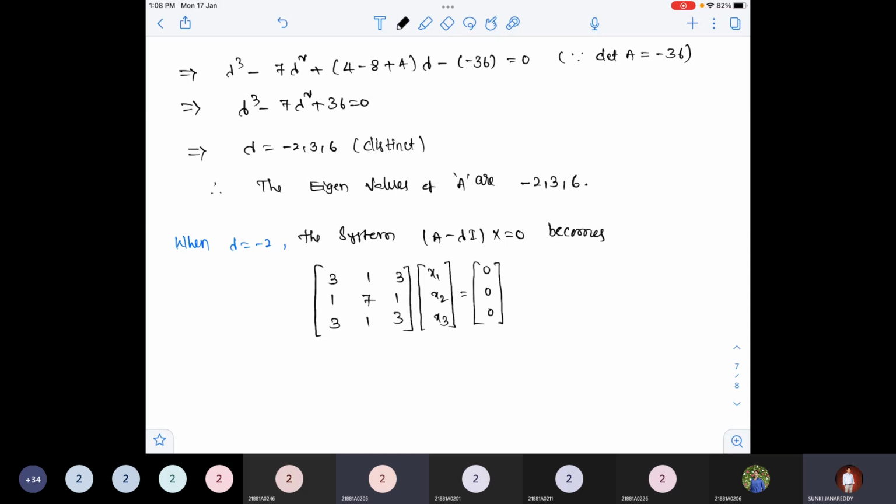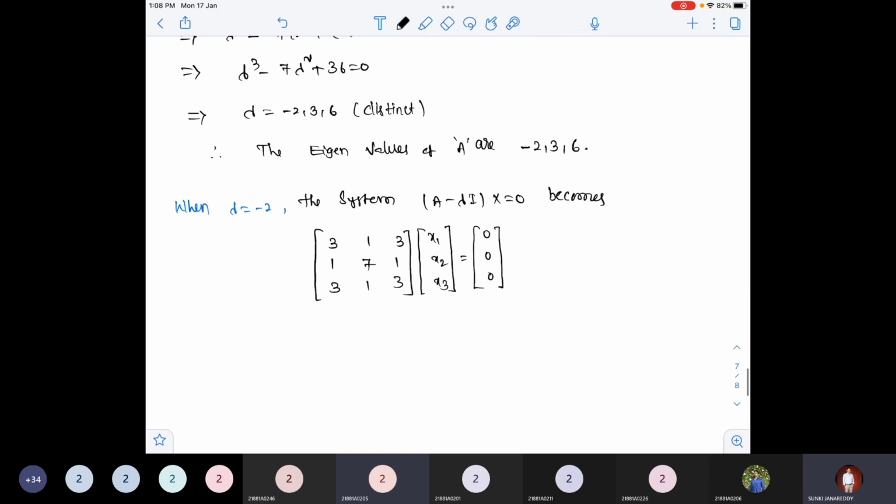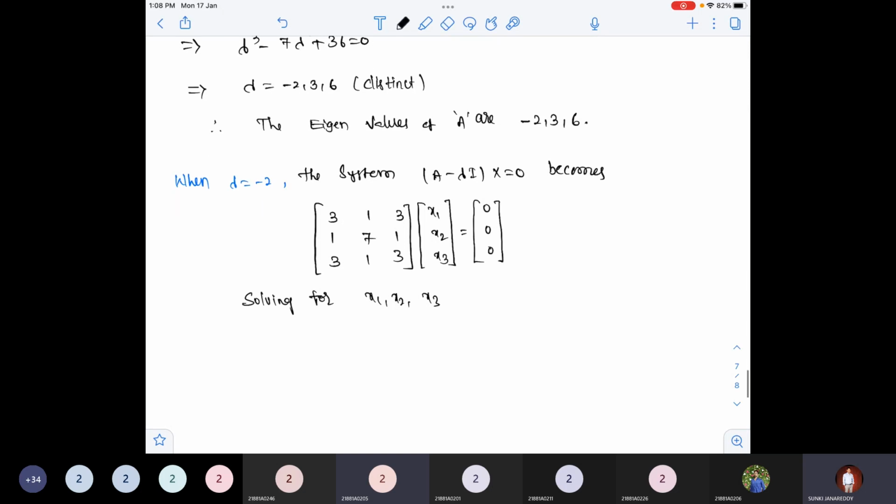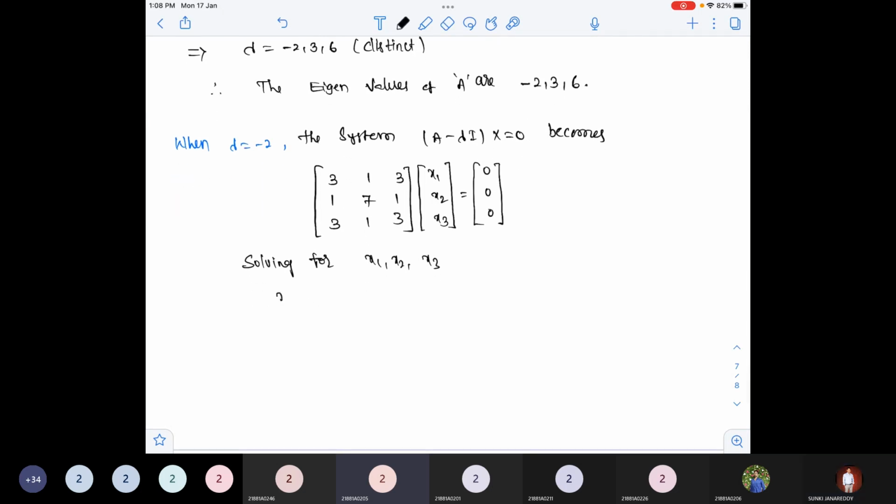Okay, here we got like this. After that, what next? Solving for x1, x2, x3, we need to fix the first row. By fixing the first row we can get the values.